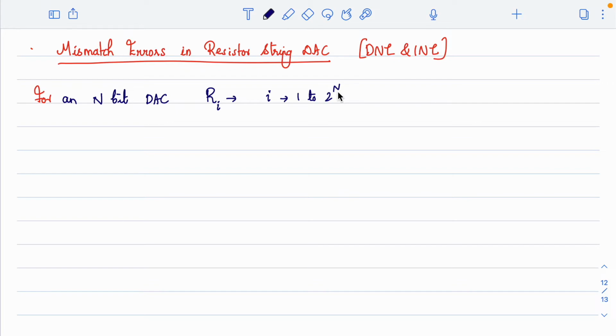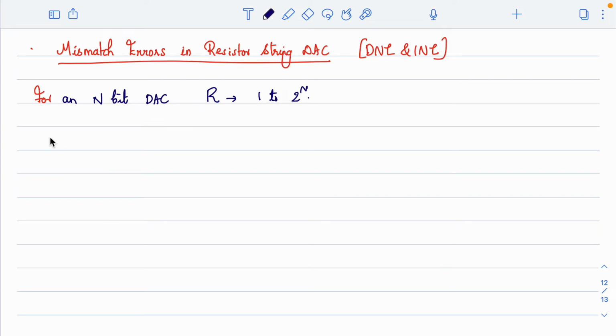Now, for an n-bit DAC, the resistor index varies from 1 to 2 to the power of n, right?